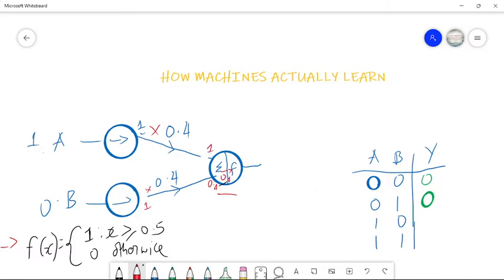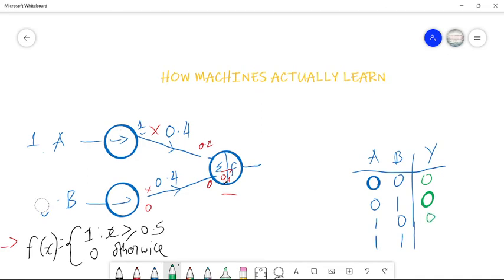On the B branch, we have 0 at this point, multiplied by 0.4, sorry, and our result is equal to 0. You would see that 1 times 0.4 is actually equal to 0.4, and it's not equal to 1. Then 0.4 plus 0 is equal to 0.4, and then f of 0.4 is equal to 0 once again.